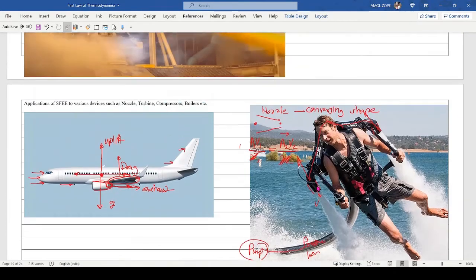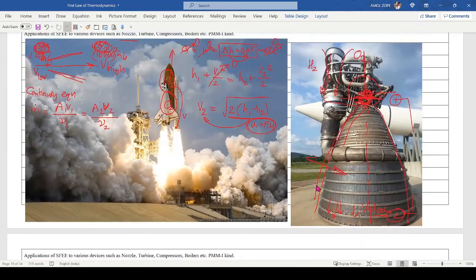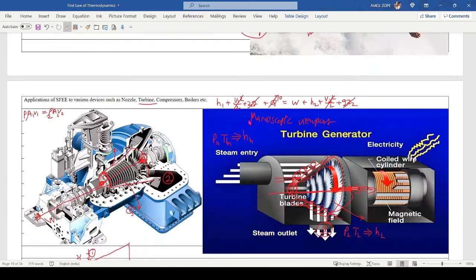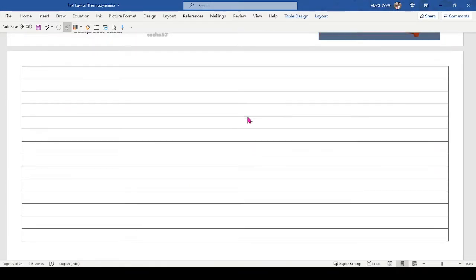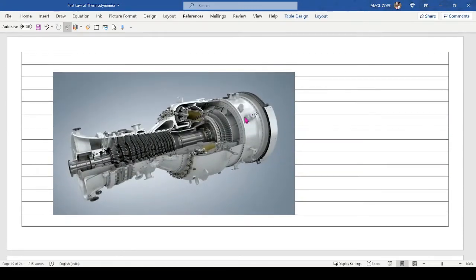For the nozzle, the kinetic energy change occurs because of the enthalpy difference. All of them combined together.